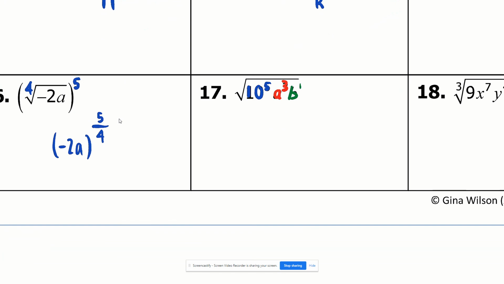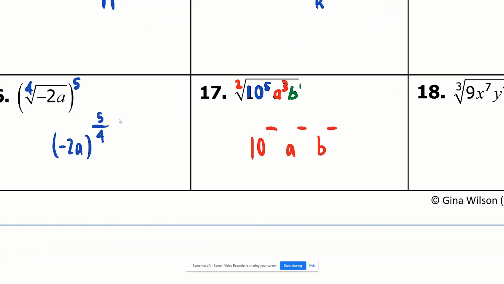Well, since they're all written to their own power, we've got to take them all and separate them. So we're going to write 10 as a fractional exponent. We're going to write a as a fractional exponent. And we're going to write b as a fractional exponent because they're all different exponents inside the radical. Now, what is the same? All of them are under the square root.